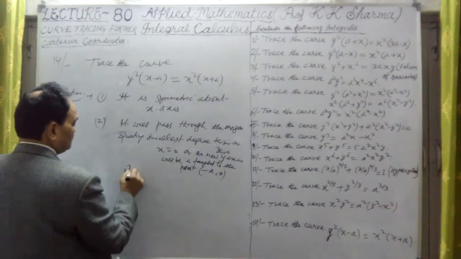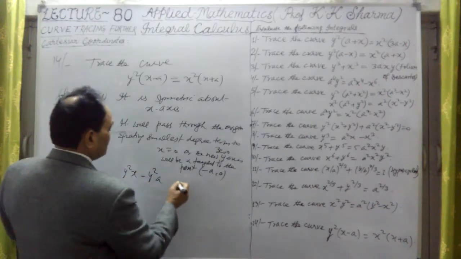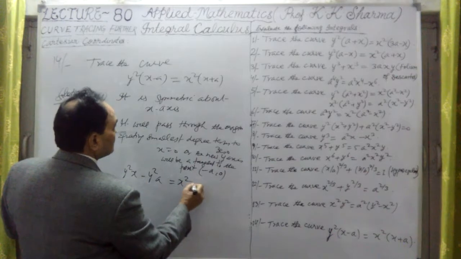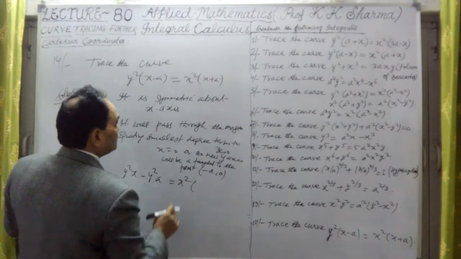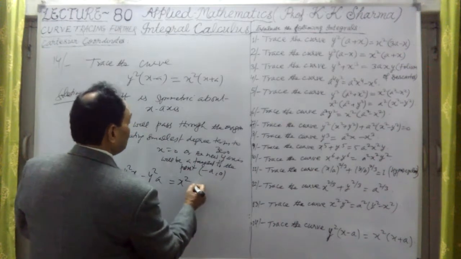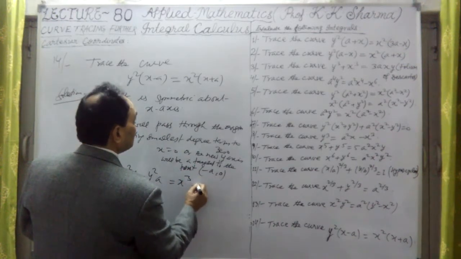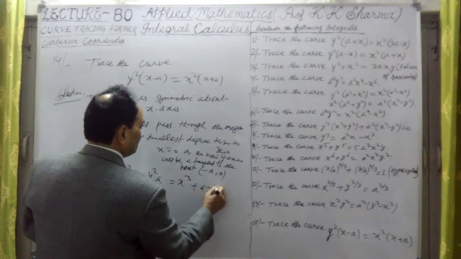It is y square into x minus y square a is equal to x square into, that means x cube, minus a x cube plus a into x square.